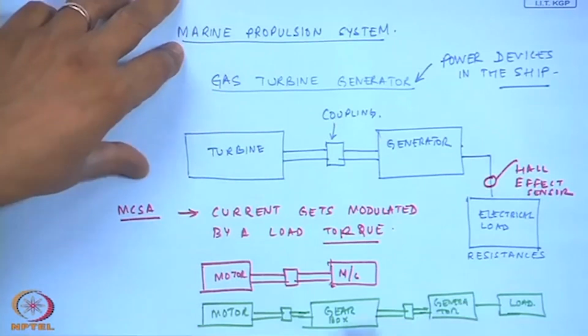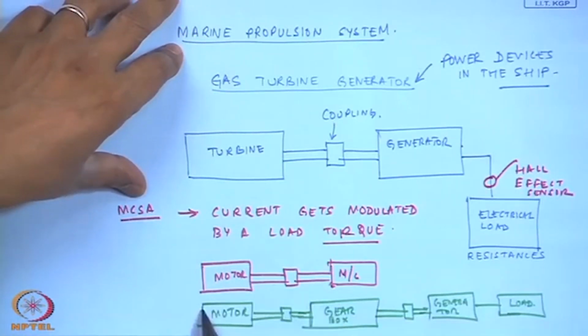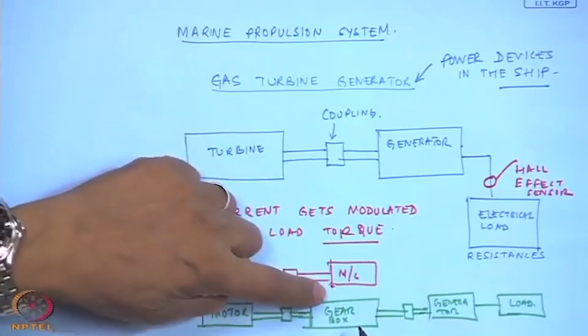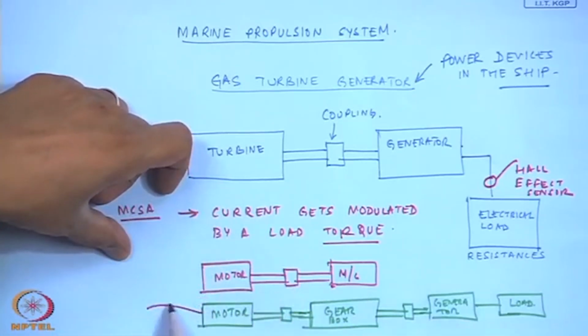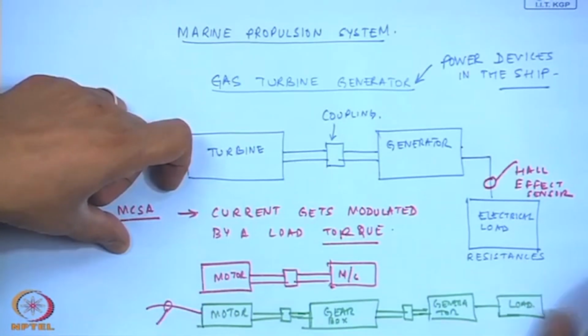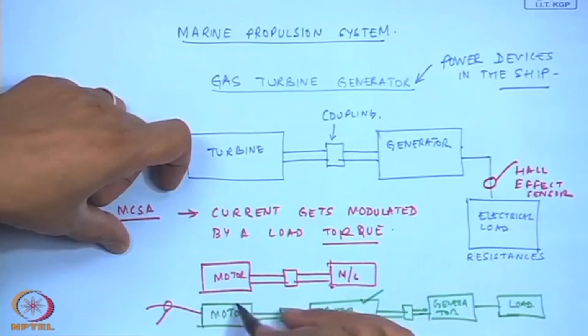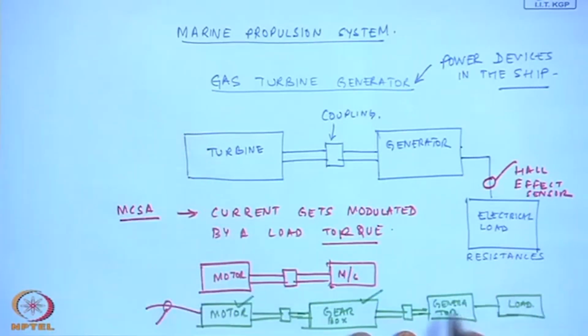So, we had established that if there is a defect in the gearbox, motor currents get modulated, and we have measured it this way through a Hall effect sensor. Okay, we have demonstrated this earlier.